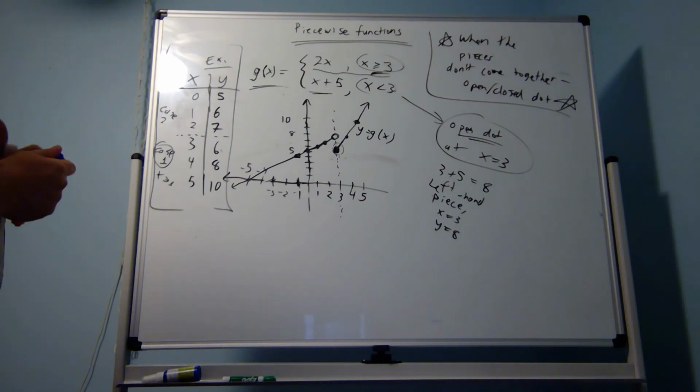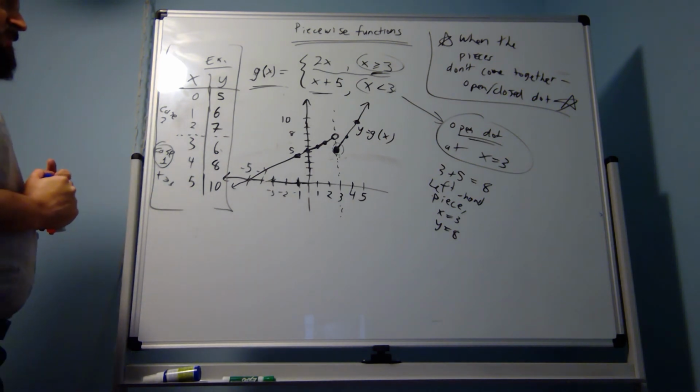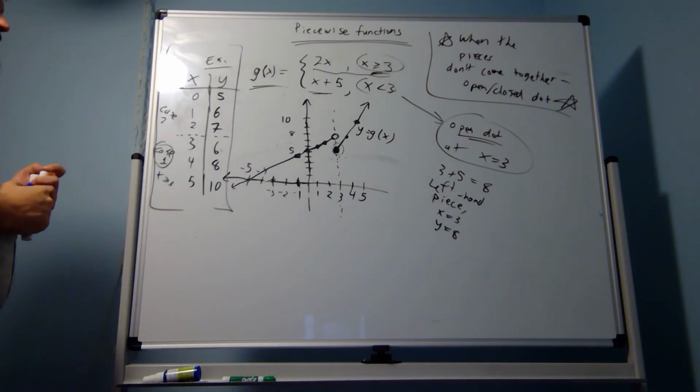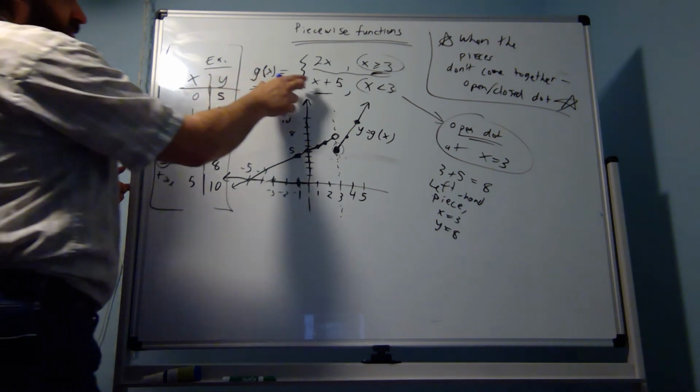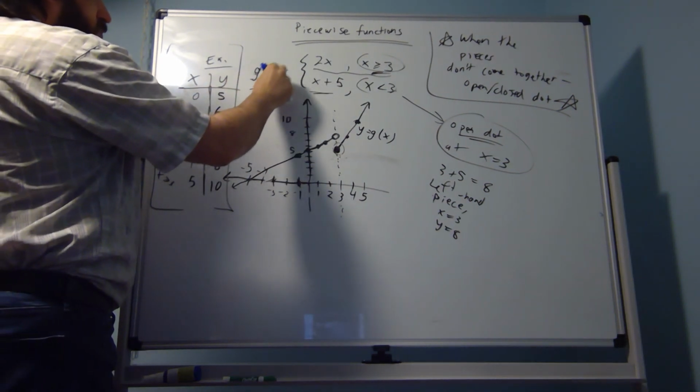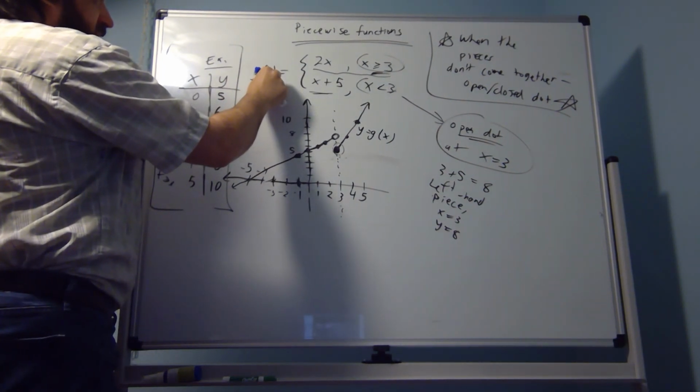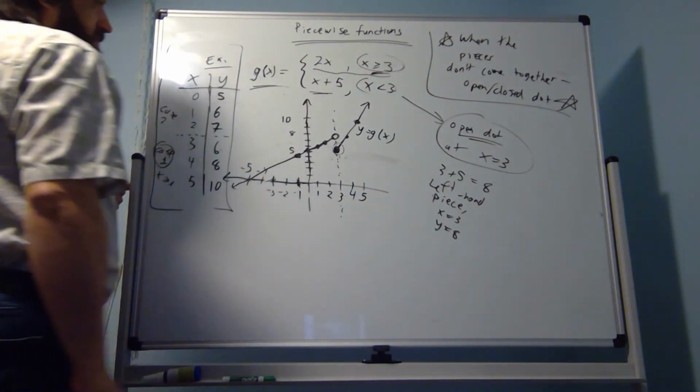Just always work your way backward through the definitions, plug in everything where it belongs, and when you're plugging in individual numbers, whatever number gets plugged into your piecewise function, that's the thing that you plug in.